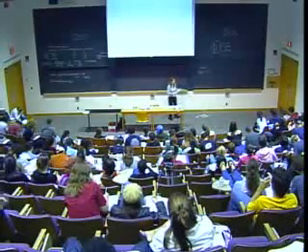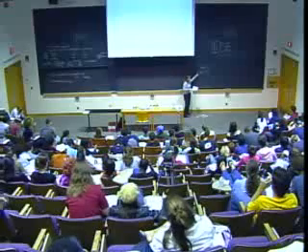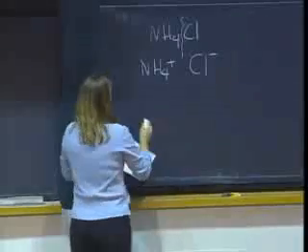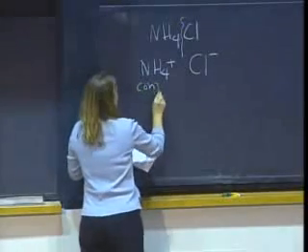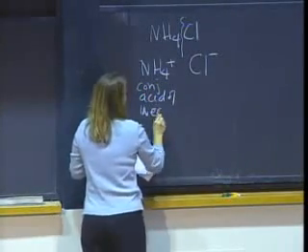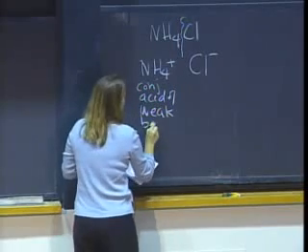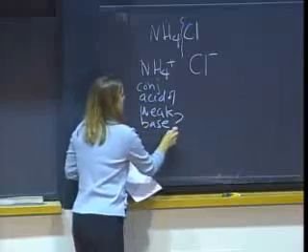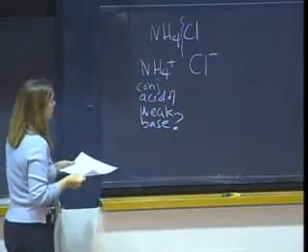Then you're going to ask whether this is a conjugate acid of a weak base. If it is a conjugate acid of a weak base, then that will affect the pH of the solution.